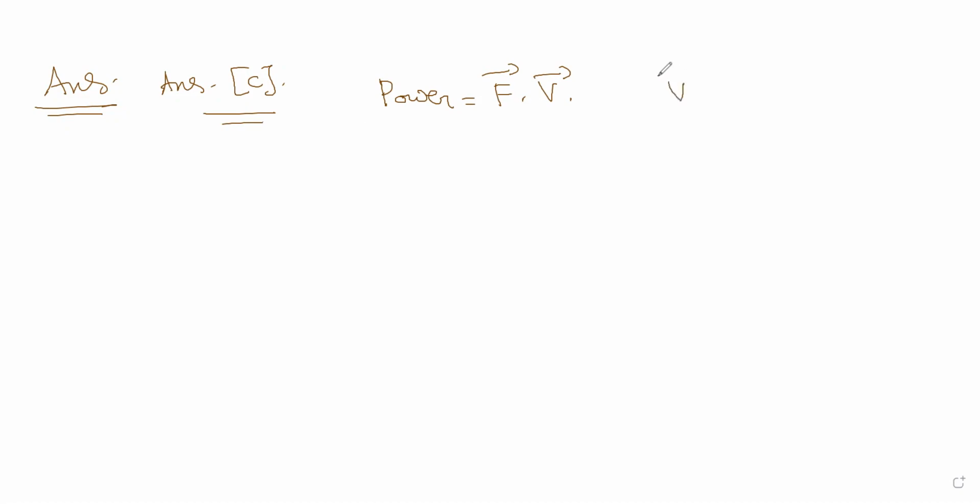V bar can be found as the integral of A bar dt. How do we get the acceleration vector? Acceleration is force by mass, F bar by M.